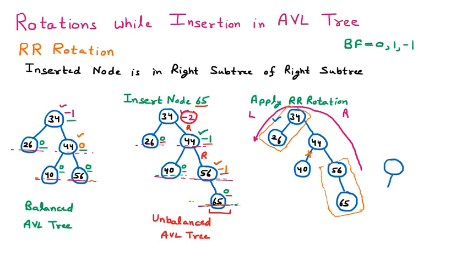This is 34 and this one will be 26. So I am writing 34 and 26, they are together. Now I am taking the extreme combination of the 56 and 65 nodes. So these are the two nodes which will be together, which is 56 and 65.